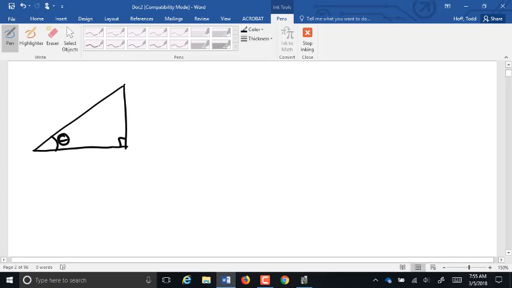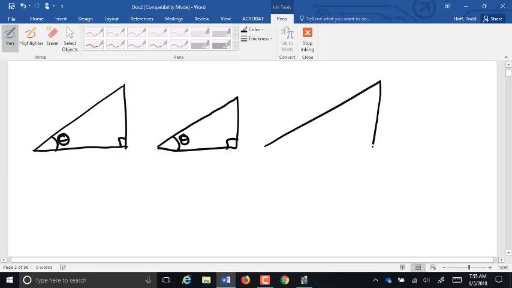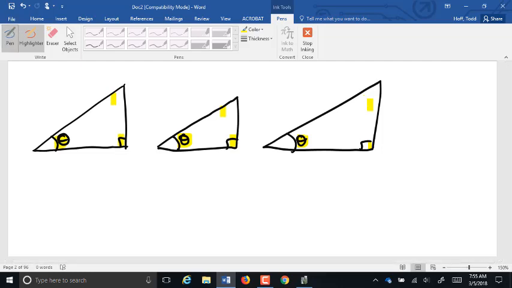Notice all right triangles, if they have that same angle, any right triangle that has this angle theta is going to be similar to this triangle, isn't it? Because if it has this angle the same and they have the right angle, that's 2 out of the 3 angles the same. The third one has to be the same, doesn't it? So any right triangle that has one angle of theta has to be similar to this one.